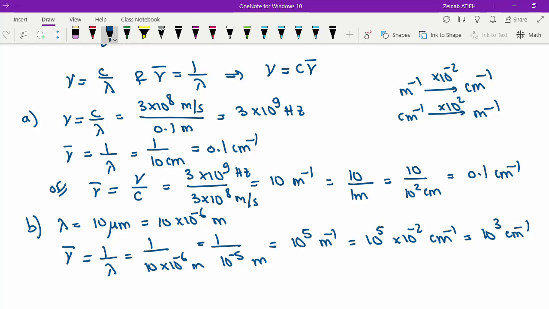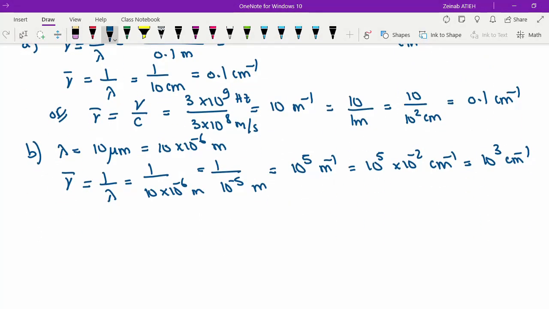So now let's calculate nu, the frequency. You can use either nu equals c nu bar, or you can use the formula nu equals c over lambda. So I will use the easier one, which is nu equals c nu bar.